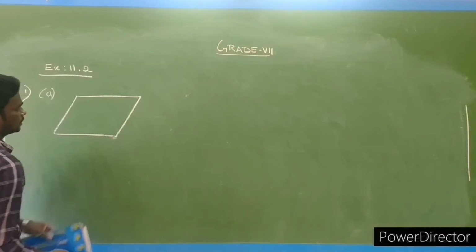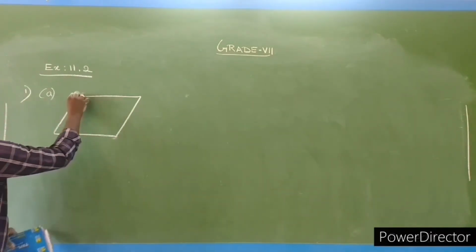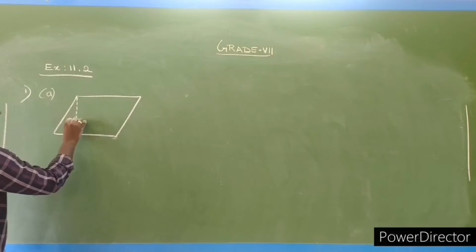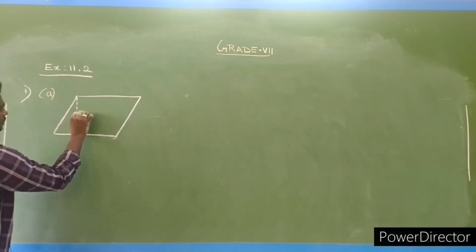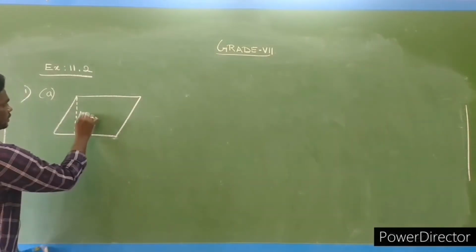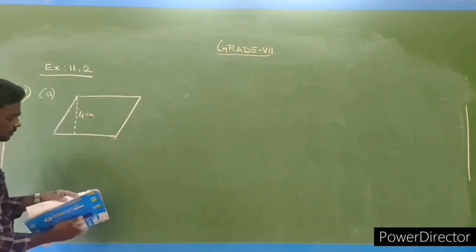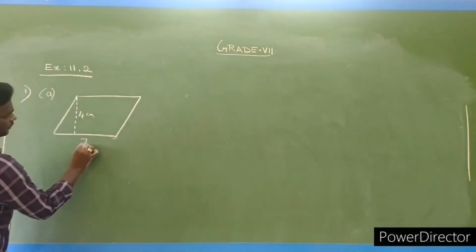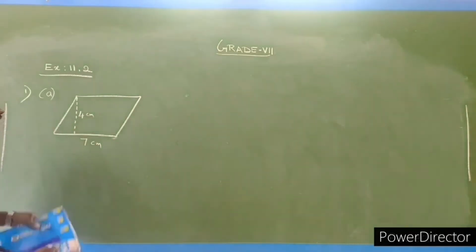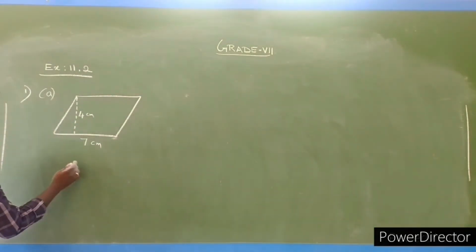The height of the parallelogram is what is that? 4 centimeter is given. Height of the parallelogram is 4 centimeter. The base of the parallelogram is 7 centimeter. We need to find the area of the parallelogram.